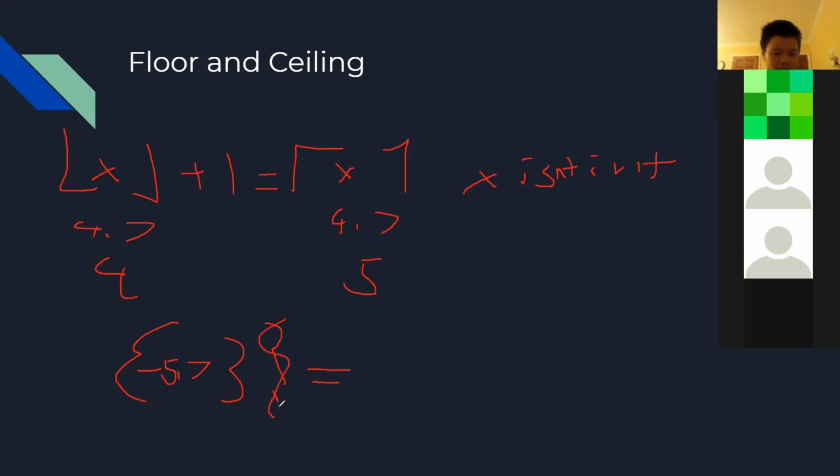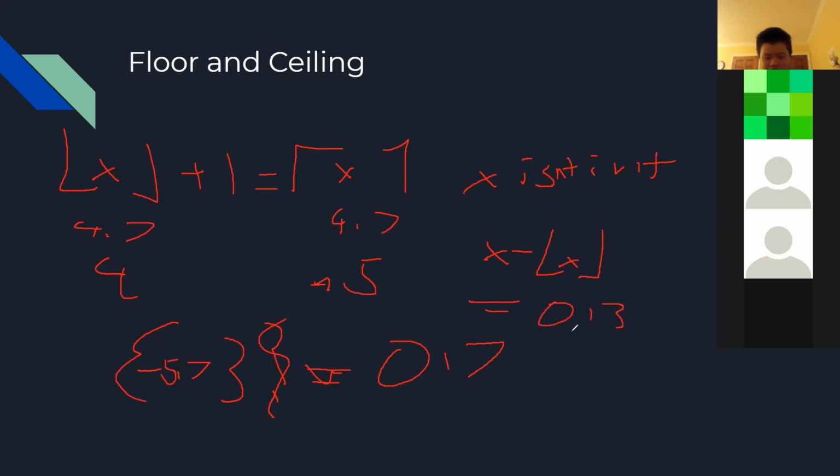So the fractional part of negative 5.7, well, one might say it's 0.7, but if we take the formal definition of fractional x, it's negative 5.7 minus negative 6, which is 0.3.